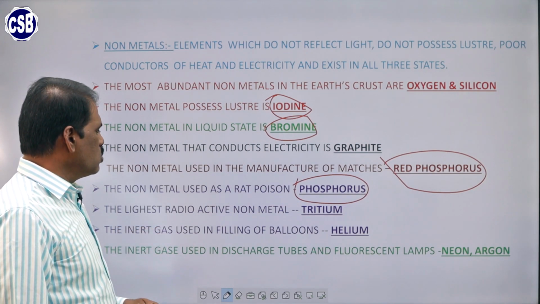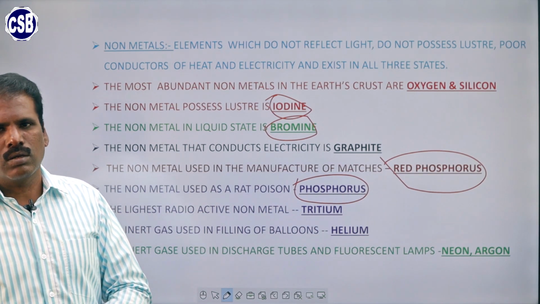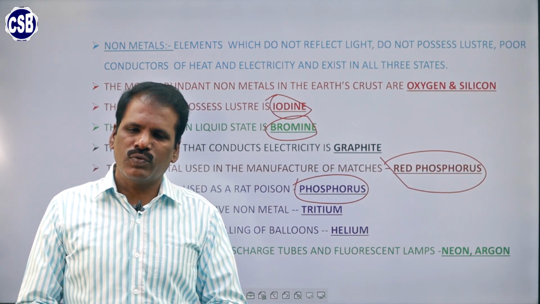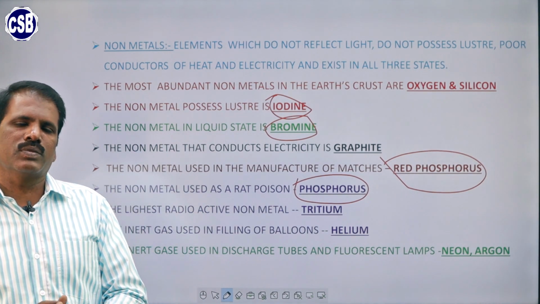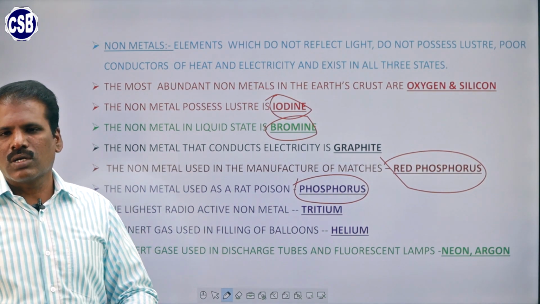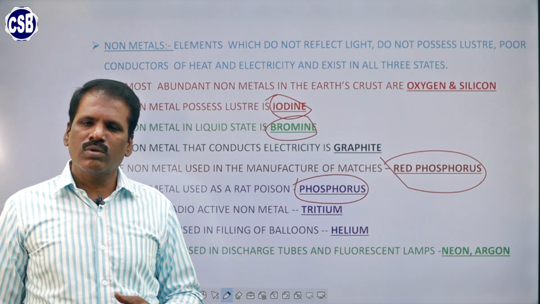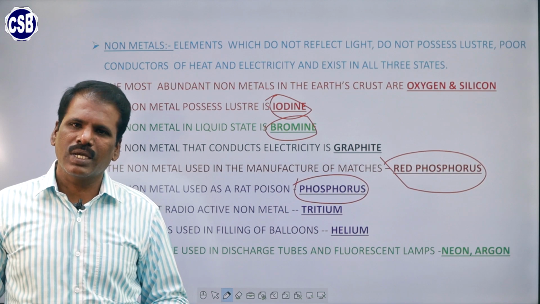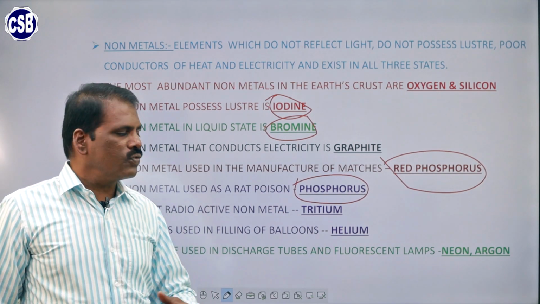The inert gas that is used in filling balloons is helium. Previously, hydrogen was used to fill balloons. Since hydrogen is highly inflammable, it is not used now. Hydrogen is a highly flammable gas, so it is dangerous to use it to fill balloons.